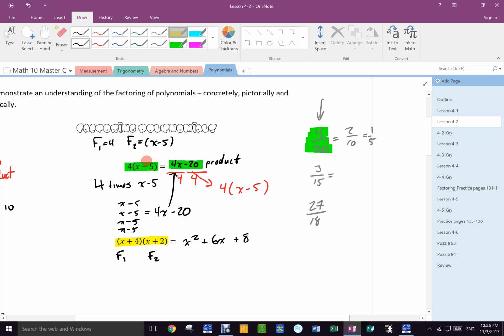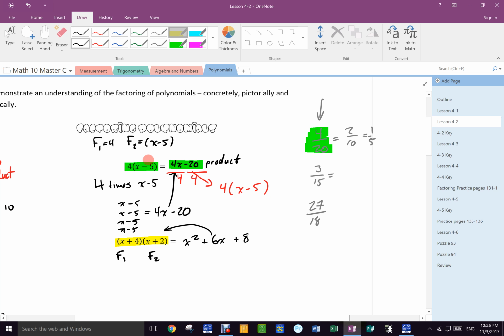So doesn't that mean there must be a mathematical process to get from this product back to these factors? Yes, there is. We're not going to do this one today. We're going to concentrate on this one.